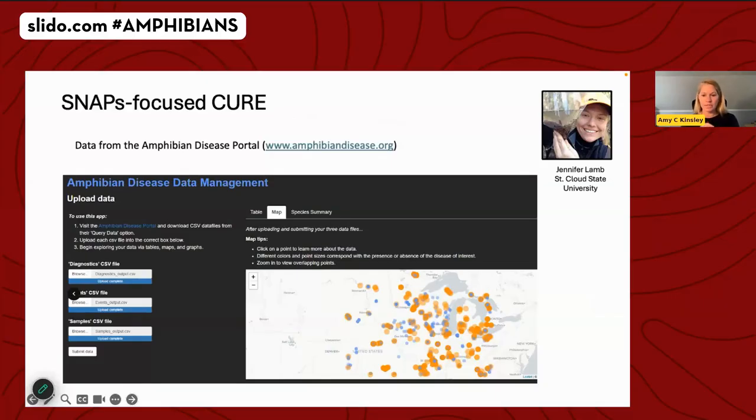Instructors who want to be part of the CURE may have noted in the past that accessing data from the amphibian disease portal and getting it accessible to students who don't regularly engage in data visualization intensely has been a challenge. We're trying to overcome some of those barriers and also enable them to still ask questions about spatial distribution and intensity and things like that.